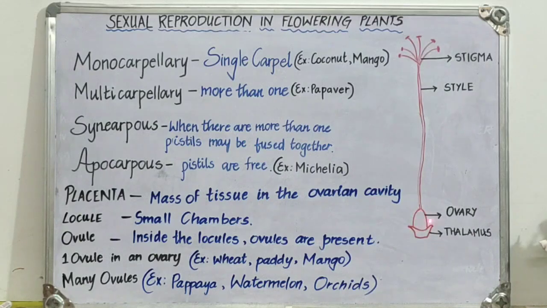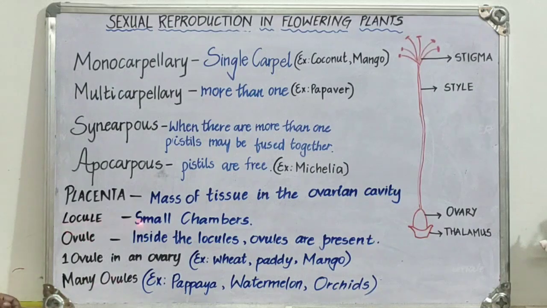Inside the ovary, you should remember carefully, in the ovarian cavity you will see a mass of tissue. This inside cavity of the ovary is called the ovarian cavity. It is filled with a mass of tissue, and that is called placenta. Then locules, one more terminology.